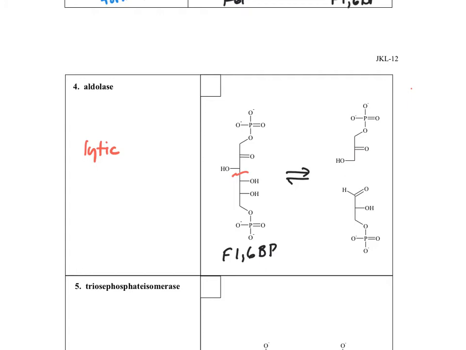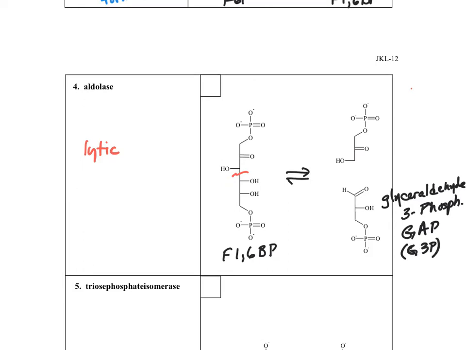The second thing we need to say is that we end up with these two 3-carbon molecules, and we've actually seen these before. This on the bottom is called glyceraldehyde 3-phosphate, or GAP sometimes, or G3P sometimes.